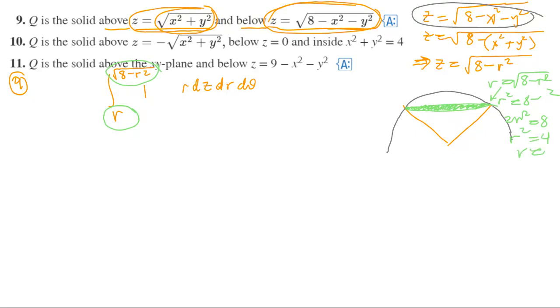So r is 2. Yes, so this is a circle of radius 2, of course with full rotation. So r from 0 to 2, theta from 0 to 2 pi.